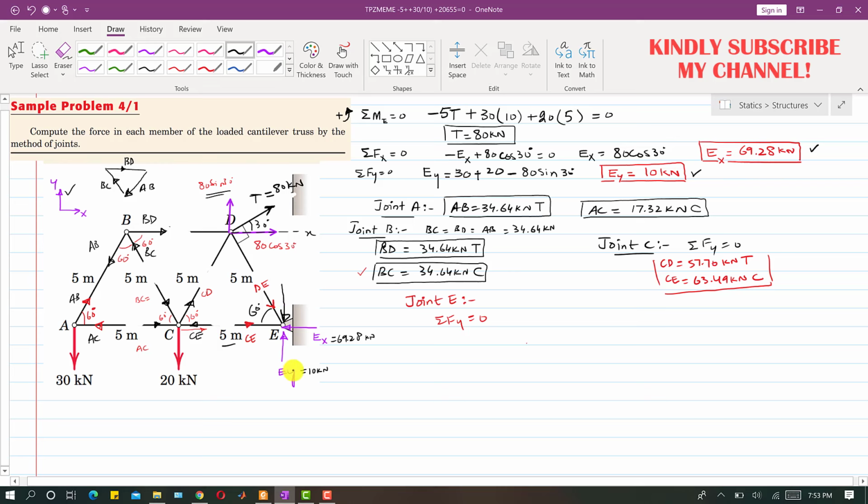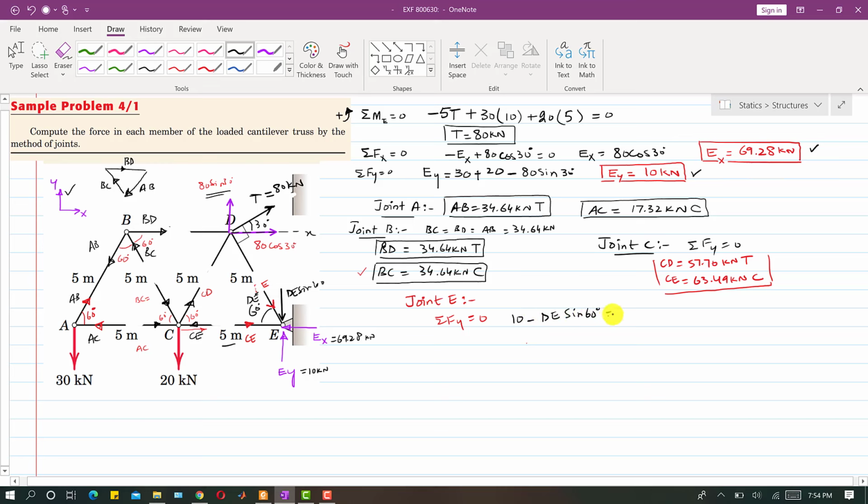So this EY is in the positive y direction, so we will write 10 kilonewton, and this one is in the negative, and this one will be the sine component, since we have this 60 degree angle. So this component will be DE sine of 60 degrees. So I will write minus DE sine of 60 degrees equals 0.